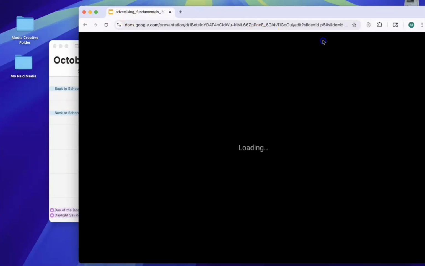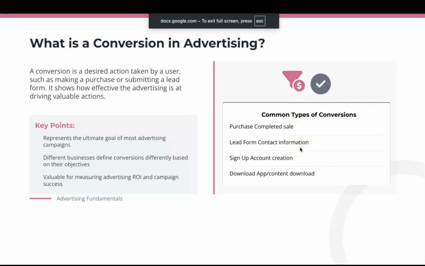So, what is a conversion in advertising? Well, a conversion in advertising is pretty much a desired action taken by a user, such as making a purchase or submitting a lead form. It shows how effective the advertising is at driving valuable action. So the whole entire point of us running ads is to get conversions.